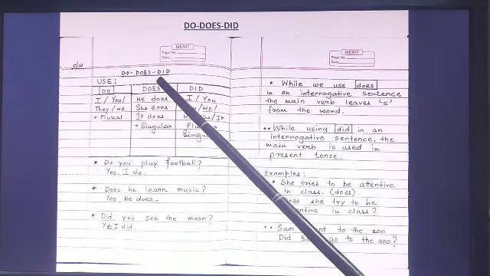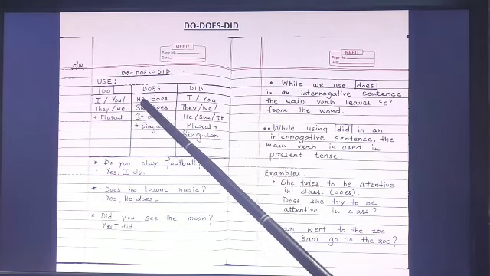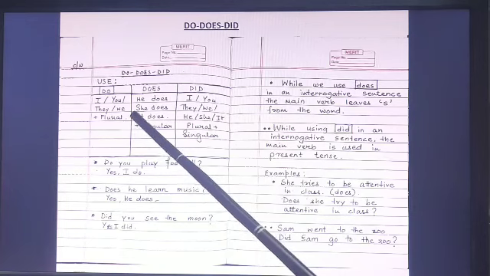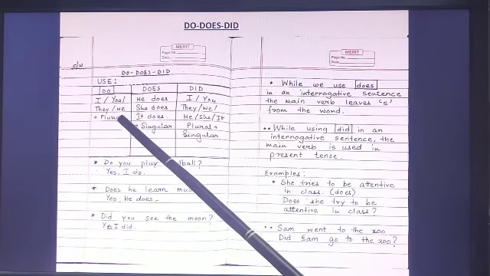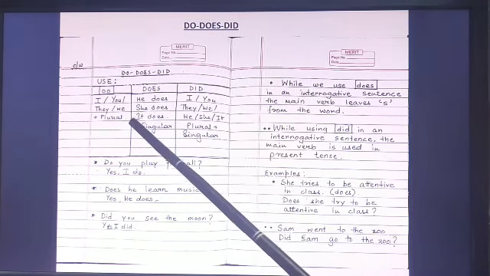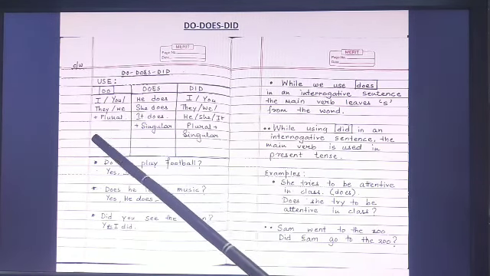Now, does. So we use does with he, she, it. He does, she does, it does. But for the interrogative sentence, we'll just interchange the place. That is, does he, does she, does it. And we'll also use does with the singular noun and do with plural.